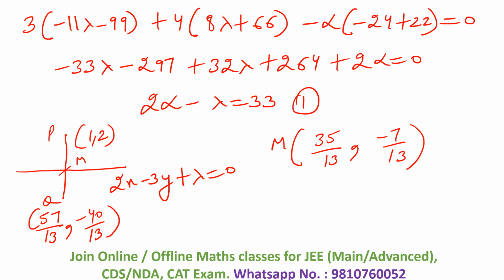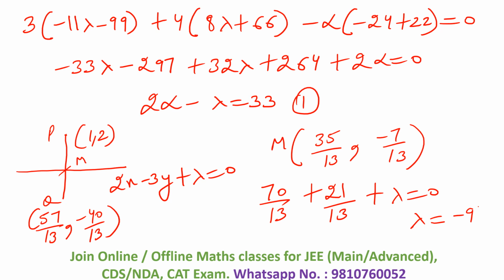Just put these coordinates in the equation of the line. So it becomes 70/13 plus 21/13 plus lambda equal to 0. So students, from here we get the value of lambda as minus 91/13, or lambda equal to minus 7. Now we move further.